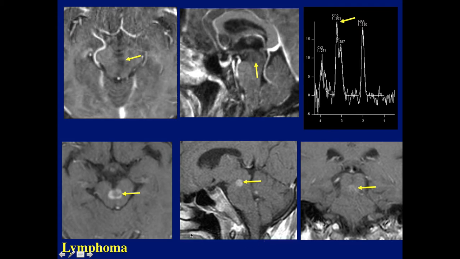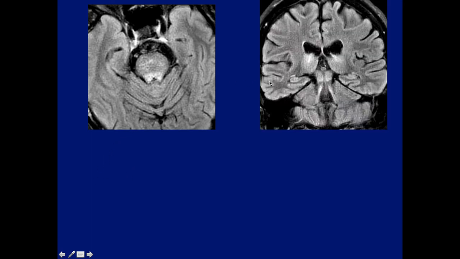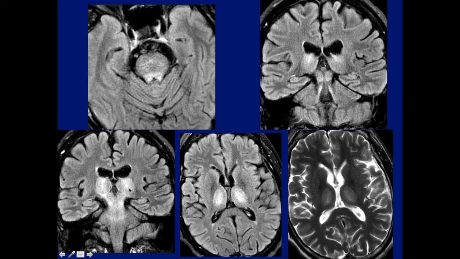And this was a lymphoma involving the decussation and the superior cerebellar peduncle. Here's abnormal involvement of peduncle, also involvement of thalami, very classic appearance, and this was Wilson's disease involving the thalami, the brainstem, as well as the superior cerebellar peduncles.